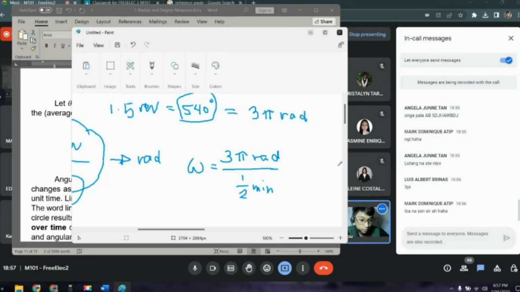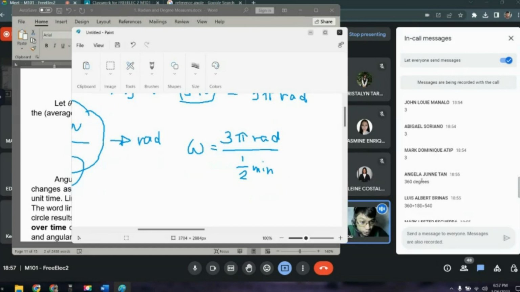Okay? And you know how to simplify fractions, right? Fraction over fraction. So you just cross multiply. So that's why most of you answered 6.